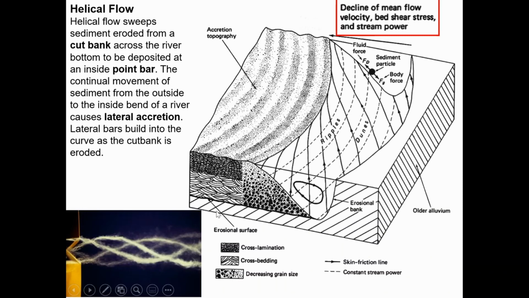So the grain size is coarse at the bottom and fine at the top, so it's a fining upward, because as we go upward, the flow velocity decreases. But it is all dominated by dunes and ripples because of the unidirectional flow in the river channel.